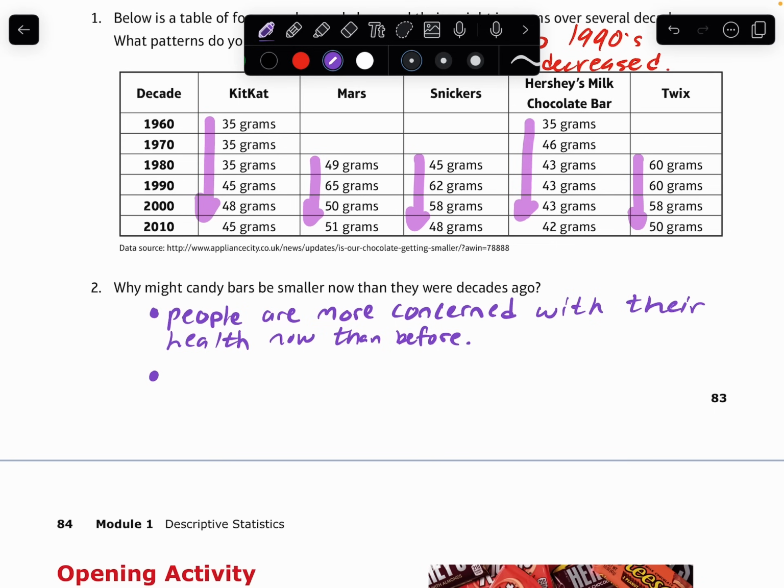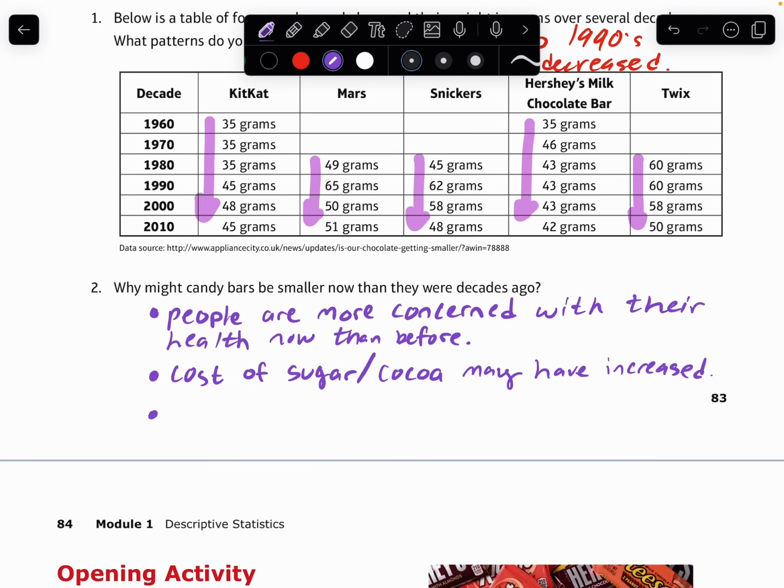The other thing I came up with is the cost of sugar and cacao. Cacao may have increased, which may be true with inflation.